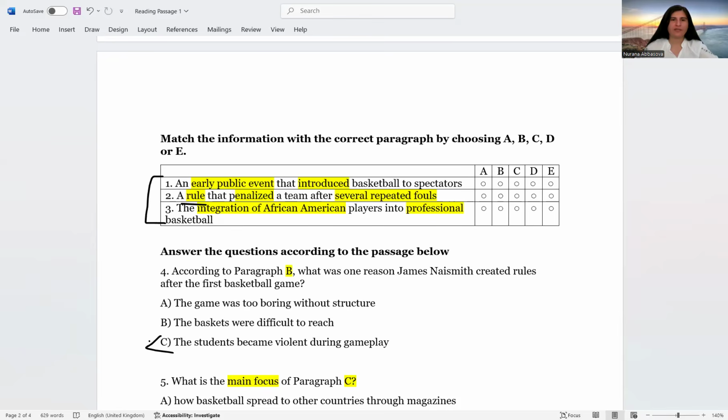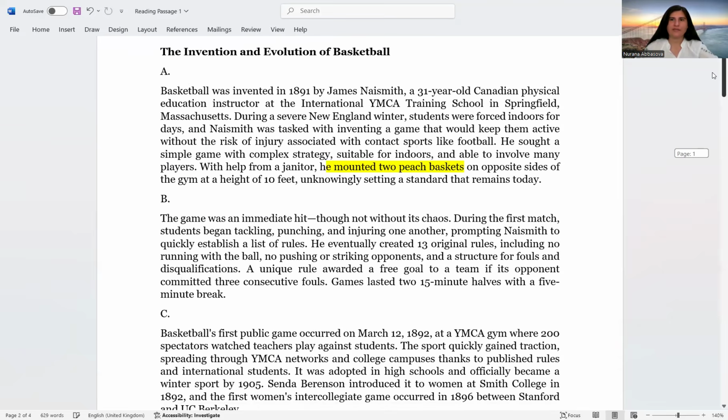Okay, a rule that penalized the team after several repeated fouls. Can we say it is in B paragraph or not? Yes, exactly.